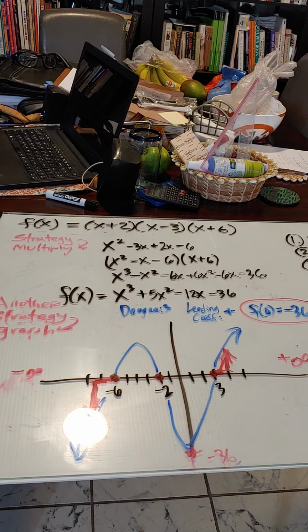So that's one way to look at, graphically, the behavior of the function. Another way to look at it, which is a preferred method for me, is to study the leading coefficient.